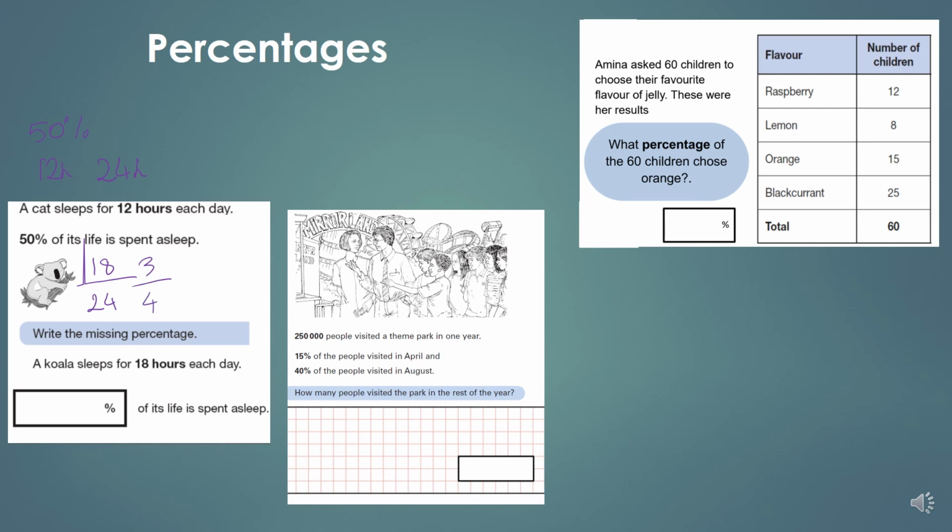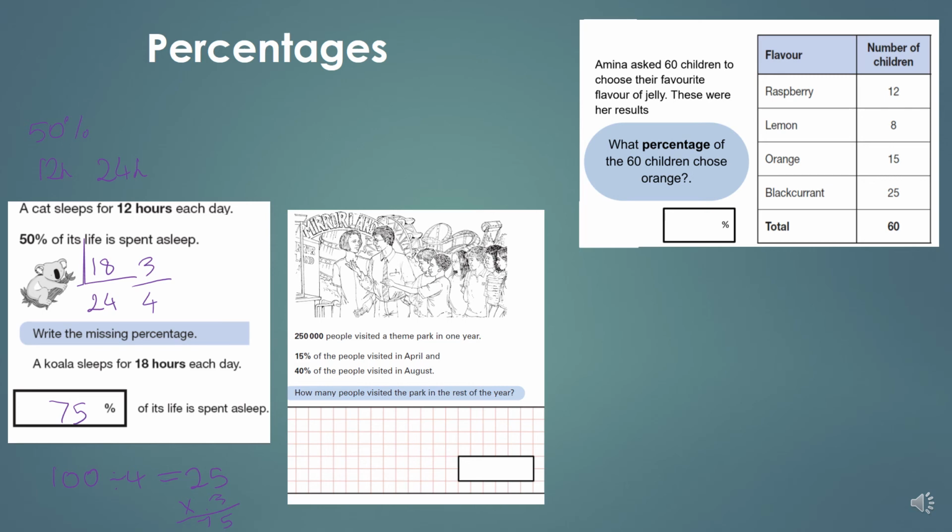Now, as we know, percentage is out of 100, so we need to divide 100 by 4, which you can halve and halve again, or do a bus stop, which is 25. So 1/4 equals 25, and we times that by 3 because we need 3/4, and it's 75%.